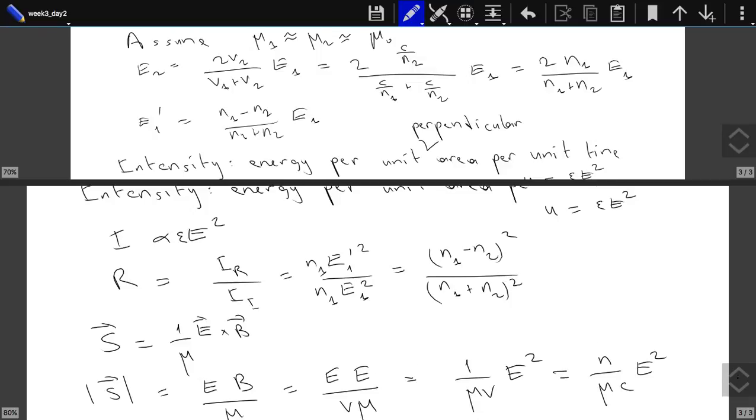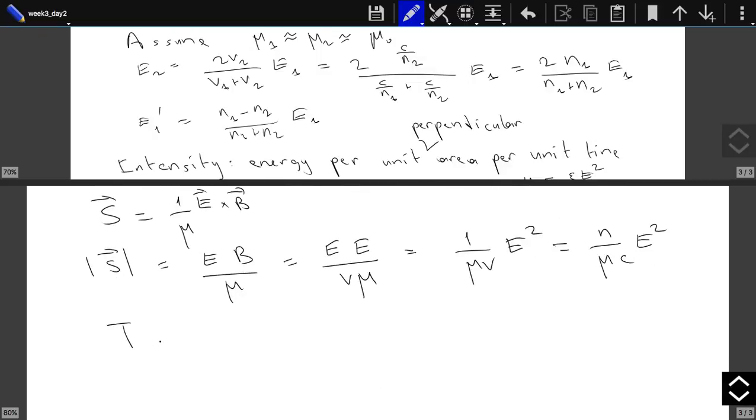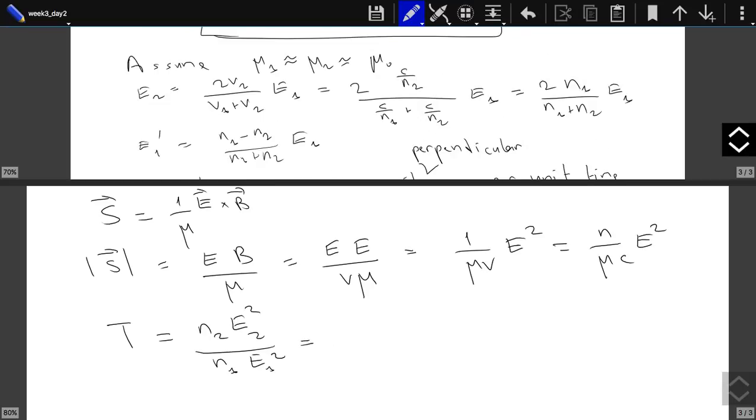Now the transmitted intensity, the transmission coefficient, will be n2 times E2 squared divided by n1 times E1 squared. E2 is the second line at the top.